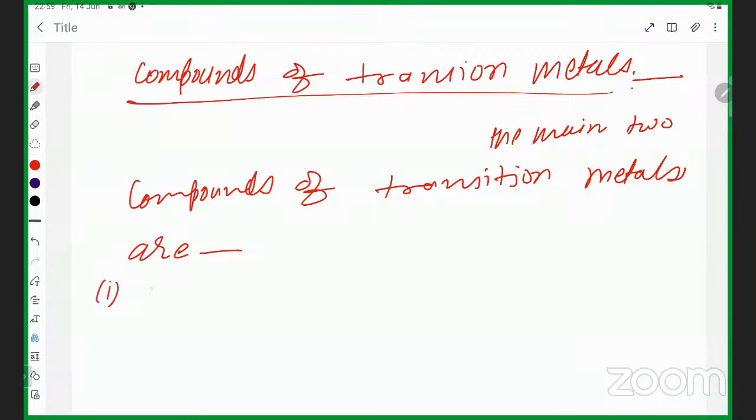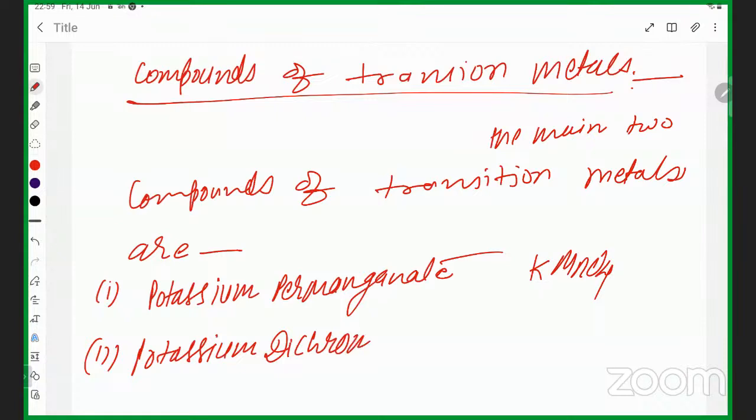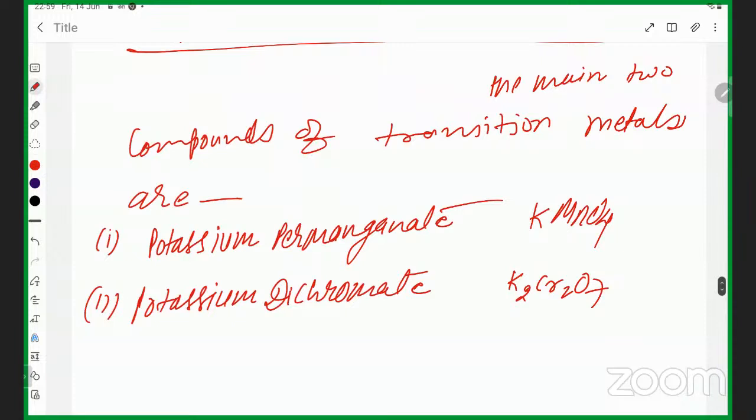The first one is potassium permanganate, KMnO4. Second, potassium dichromate, K2Cr2O7. Generally, their preparation and chemical properties are asked. So we are going to study potassium dichromate.